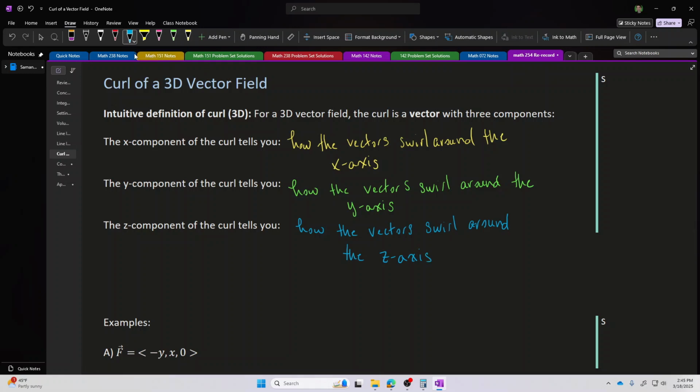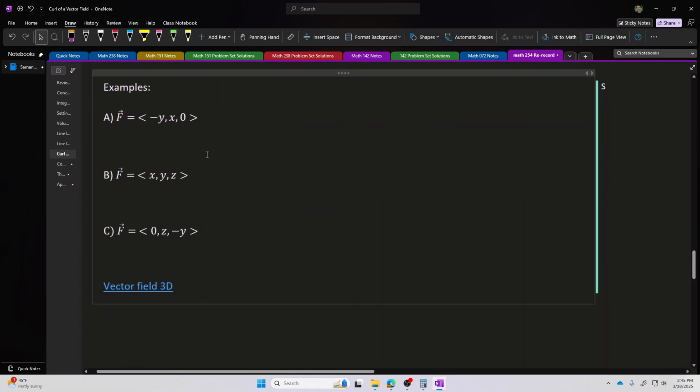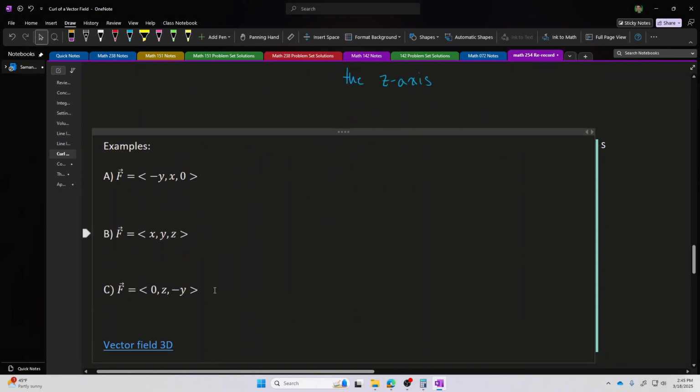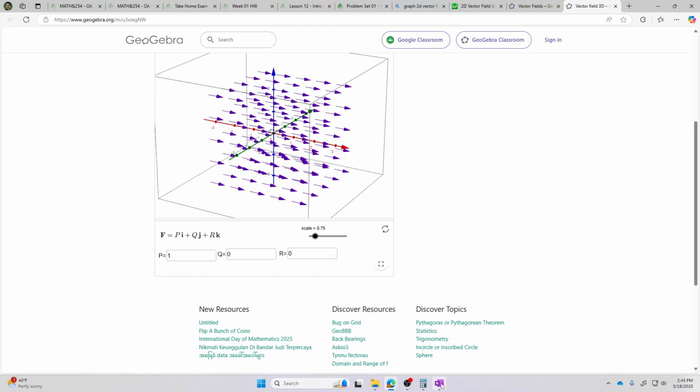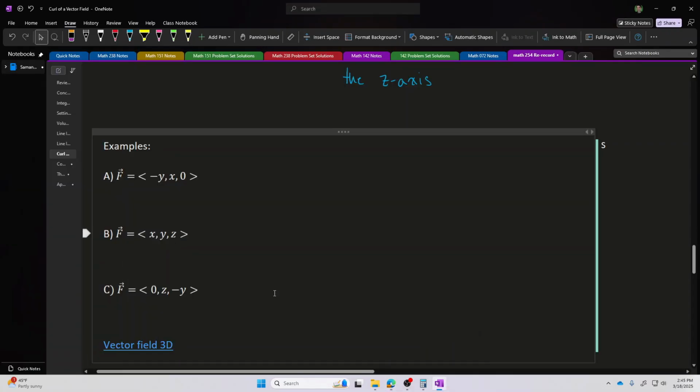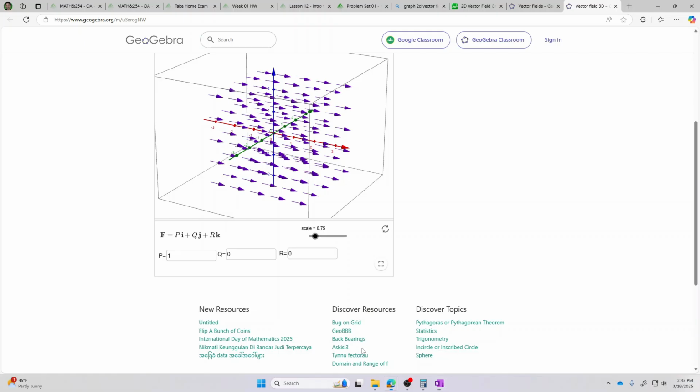Let's go ahead and have a look at some three-dimensional vector fields. Let's look at them graphically, and let's see what conclusions we might be able to make about the curl vector for these three-dimensional vector fields. I'm going to start by experimenting on this first vector field, negative y in the x component, x in the y component, and 0 for the z component.